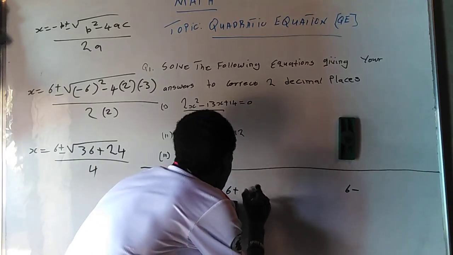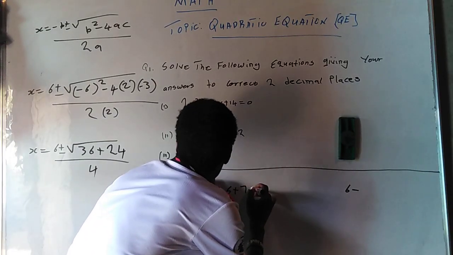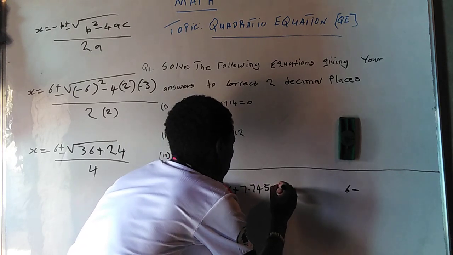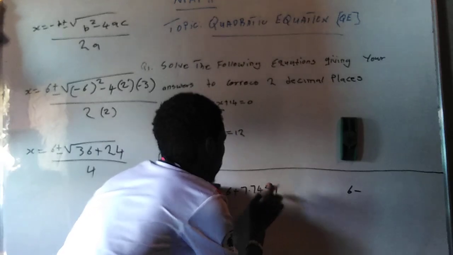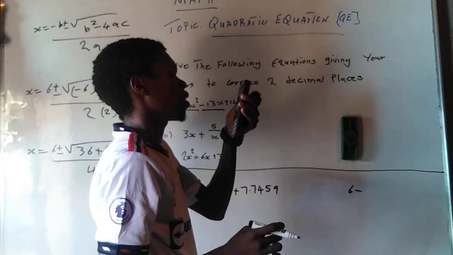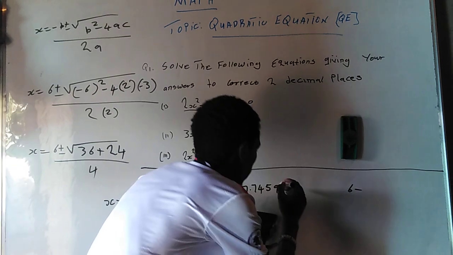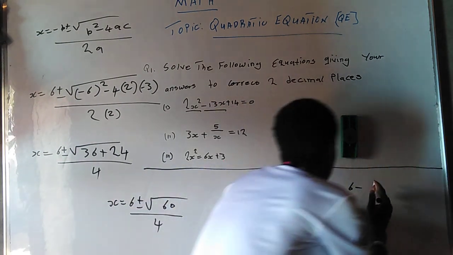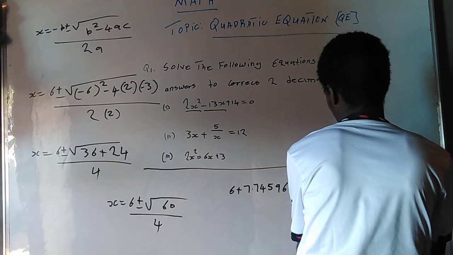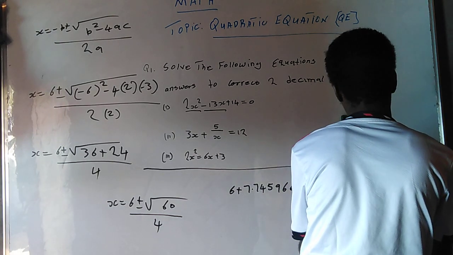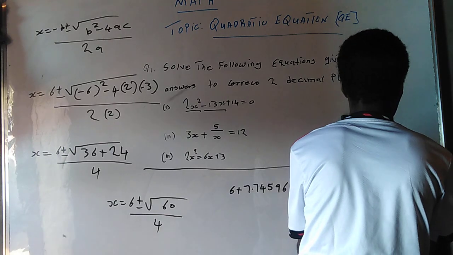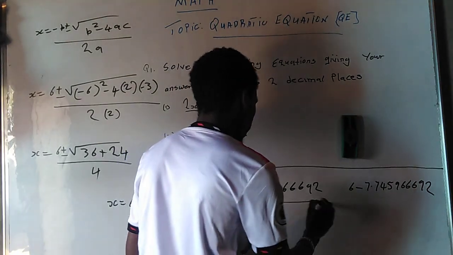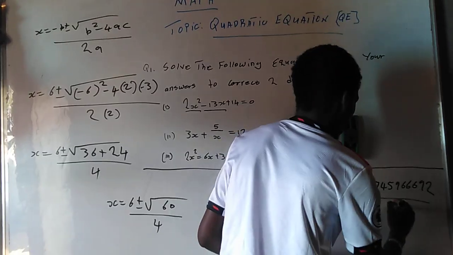I'm going to come up with 7.7459. Same applies here, I'm going to come up with 7.745966692. I'm going to divide this by 4, even this by 4.